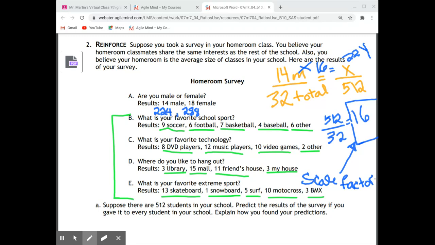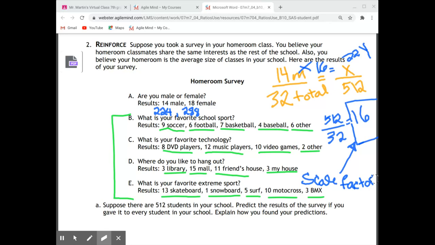So we're going to go through and check our results. Angel, was that helpful? Yes, sir. All right. So we know that our 9 soccer players ends up being 144 soccer players based off of what we just did. So what about our 6 football players? How would we determine that?